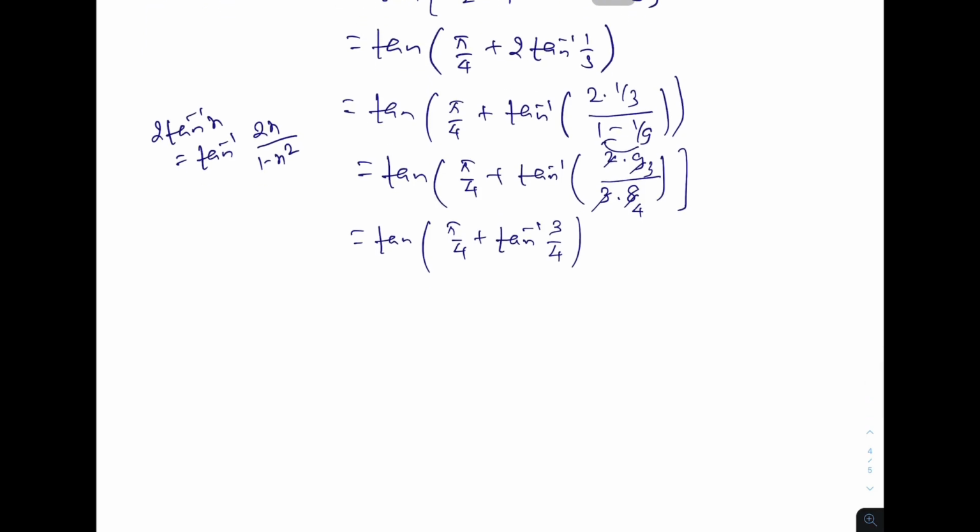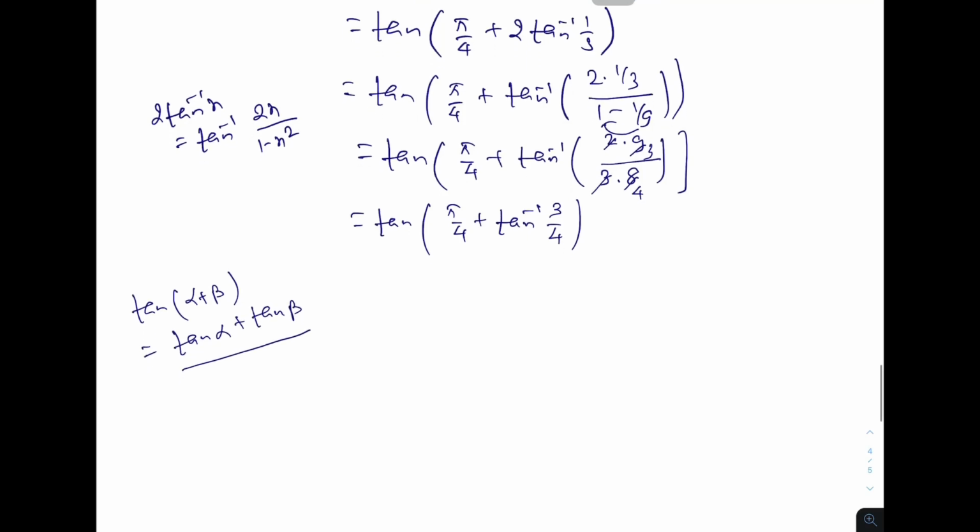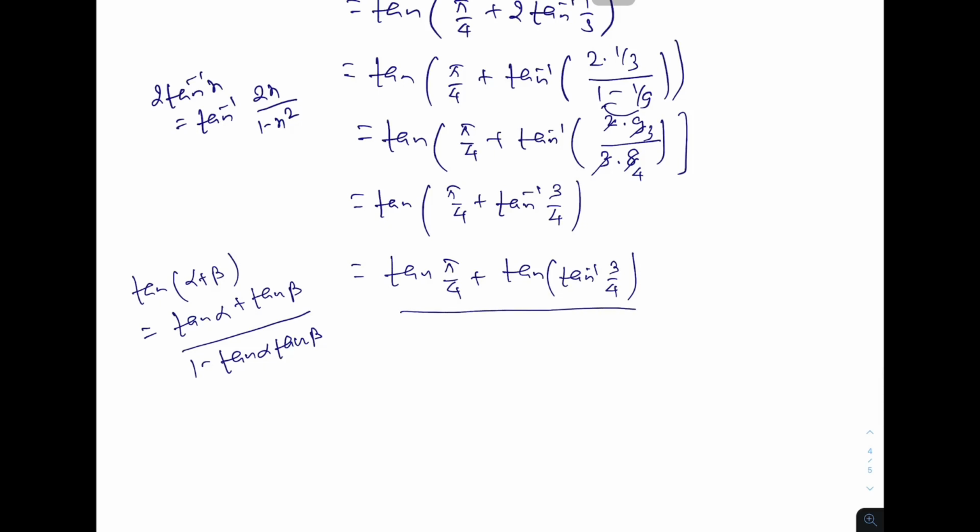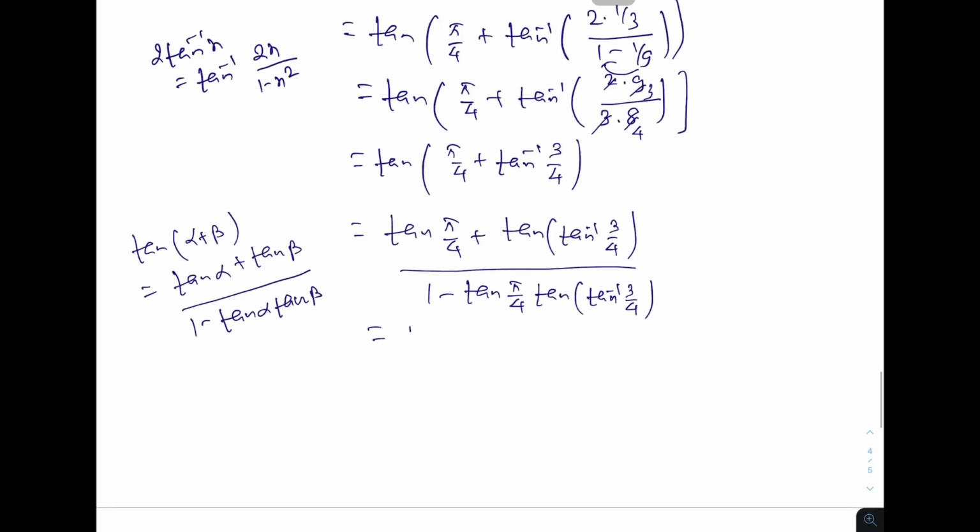And now we know tan of (alpha plus beta) is equal to (tan alpha plus tan beta) over (1 minus tan alpha tan beta). So tan pi by 4 plus tan of tan inverse 3 by 4 over 1 minus tan pi by 4 tan of tan inverse 3 by 4.